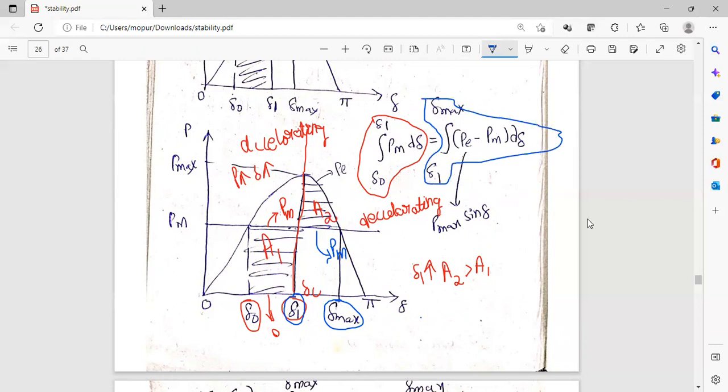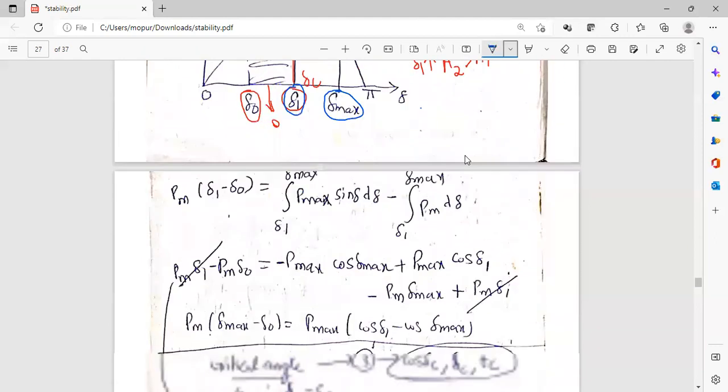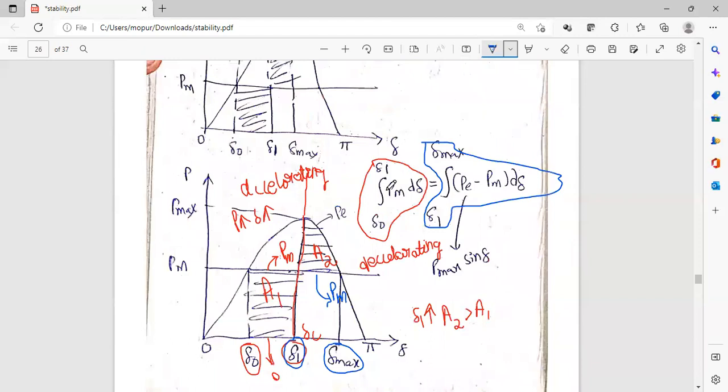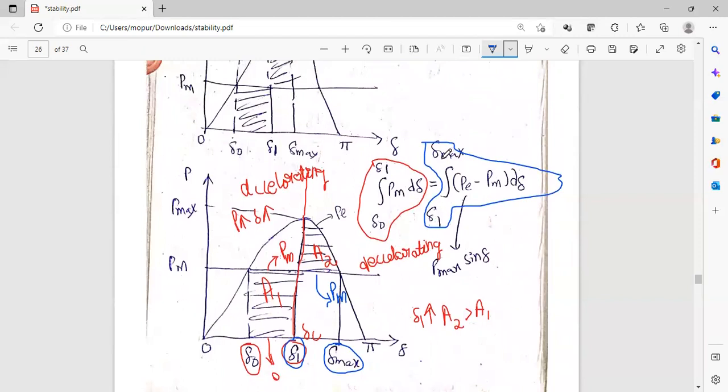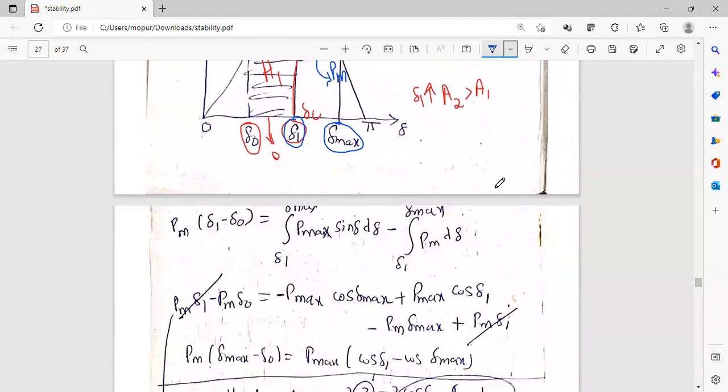So we are equating these two. This PE, we already know PE is equals to P max into sin del. Now, if we integrate, what we'll get? PM into del 1 minus del naught, which is equals to integral del 1 to del max, P max sin del d del, minus integral del 1 to del max, PM d del. That's what I had written here.